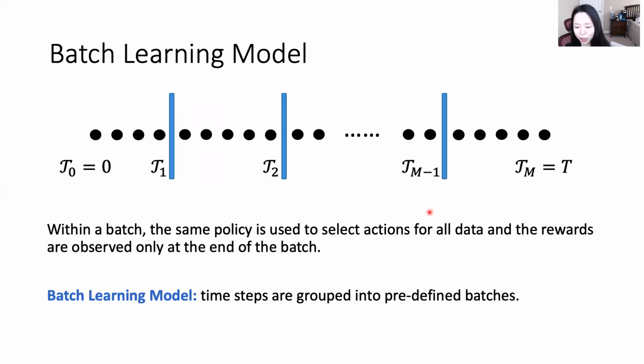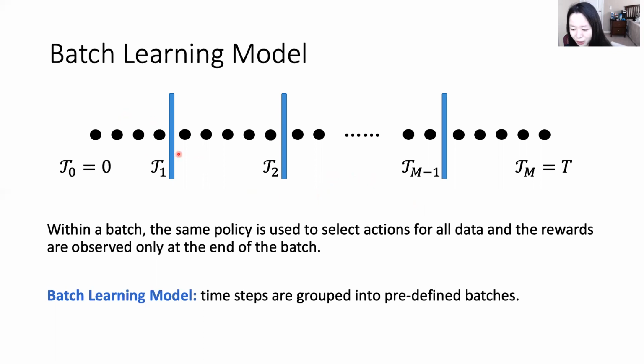For the second question in the title, what is limited adaptivity? In this paper, we will first focus on a model with limited adaptivity called the batch learning model. So what is batch learning? Instead of sequentially making decisions at each data point, we group the data points into batches.